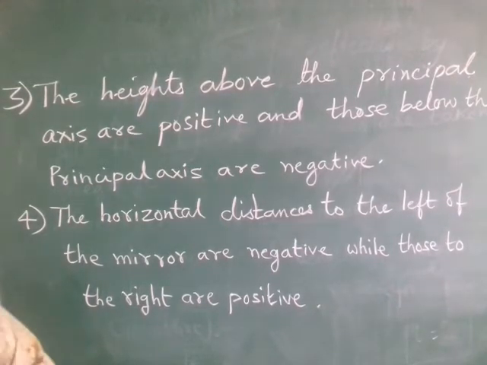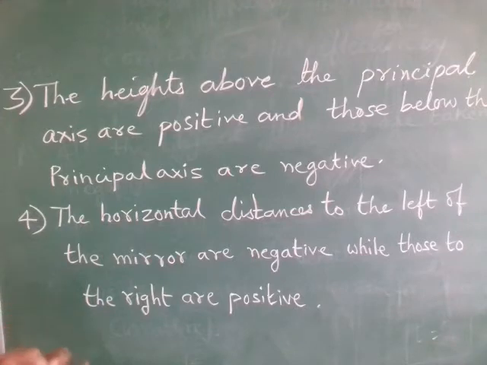I will repeat all the sign conventions once again. The first: all object distances are negative. The second: the radius of curvature and focal length of a concave mirror are negative, and those of a convex mirror are positive.